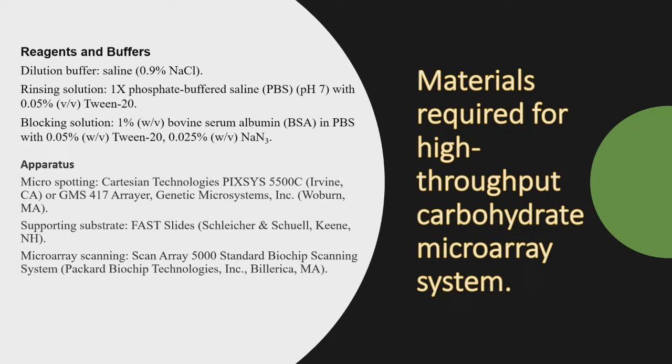There is a rinsing solution that contains phosphate buffered saline with a pH of 7 along with 0.05% Tween 20. Lastly, there is a blocking solution which contains 1% bovine serum albumin in PBS, which is phosphate buffered saline, along with 0.05% Tween 20, and also sodium nitrite.